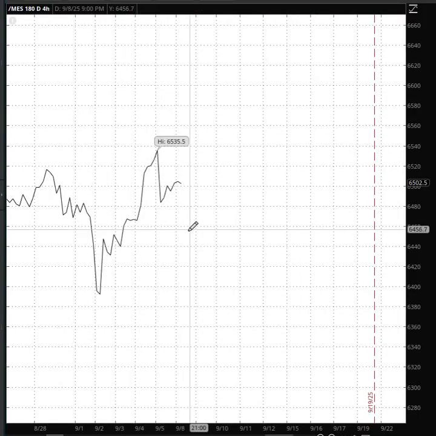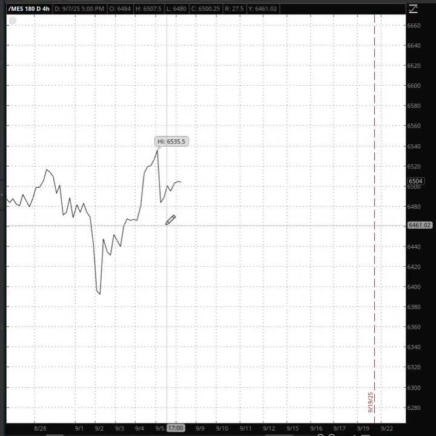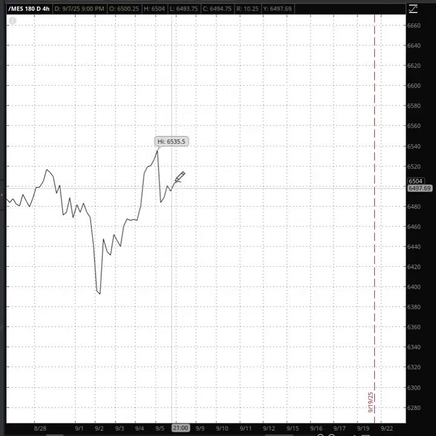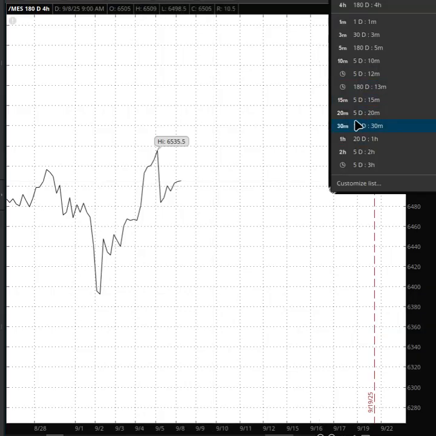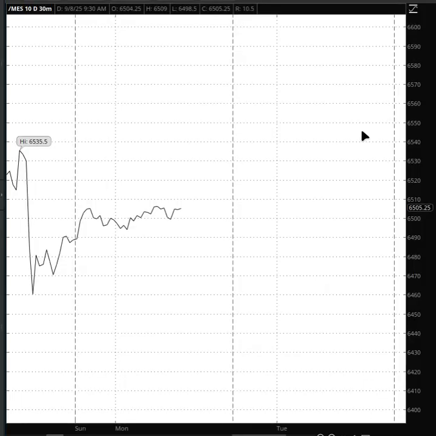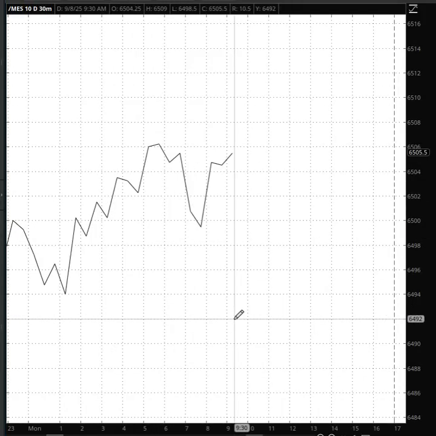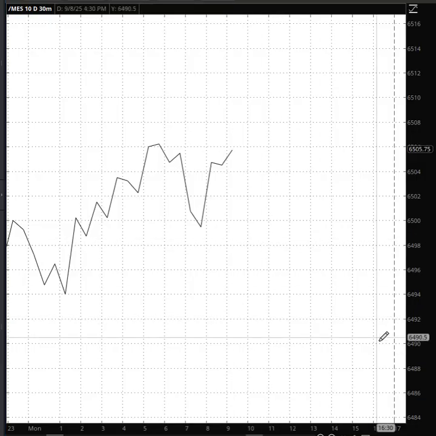Now, in terms of Elliott here, you can label that as a simple zigzag. But going down to the other time frames here, well, I did see this last night.